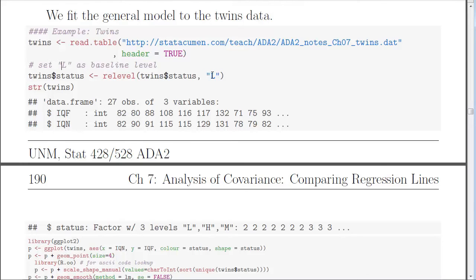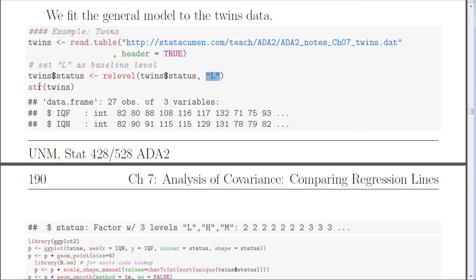And after we read this data set in, we want to set L as the baseline group to correspond to the example in the notes. So the function relevel, there's lots of ways to do this. This is probably the simplest. The status group, we're going to set L as the baseline level.